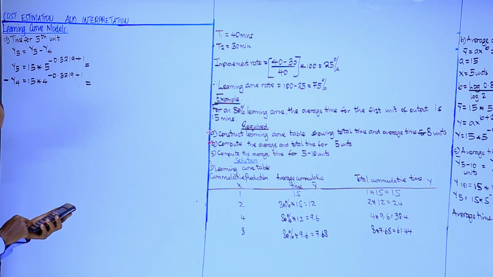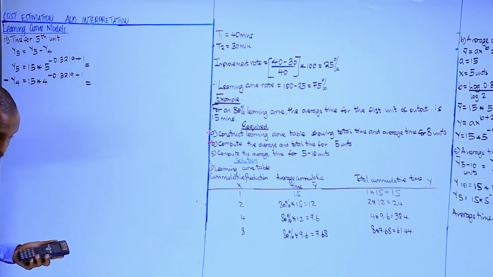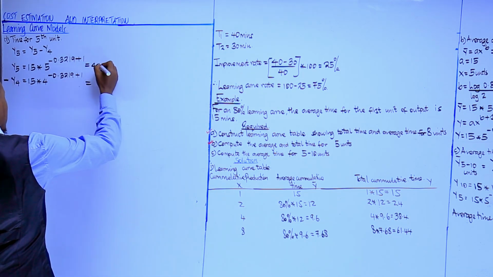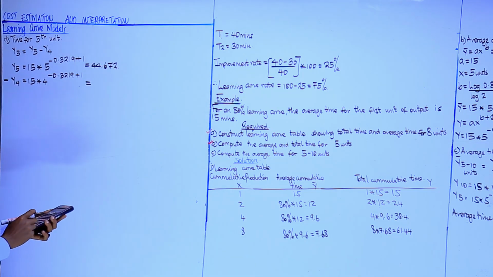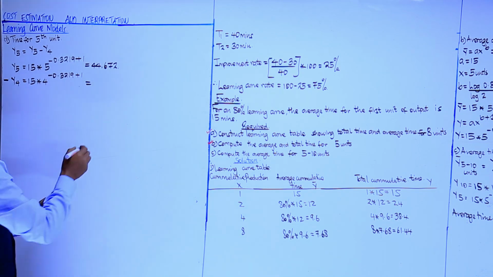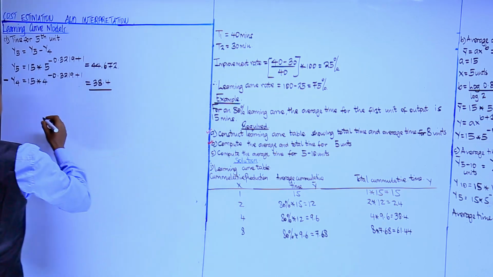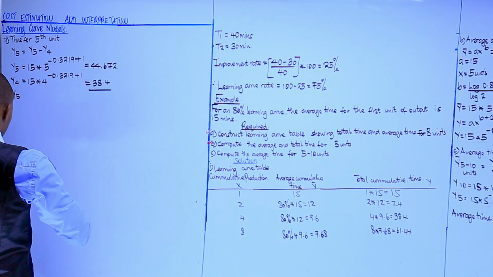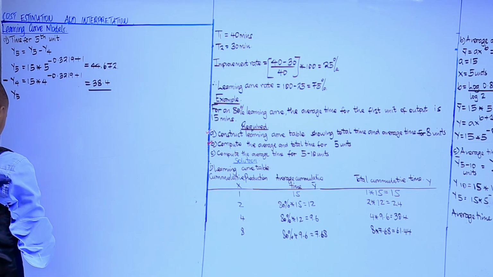We had an 80% learning curve. Therefore y5 is 6.272.